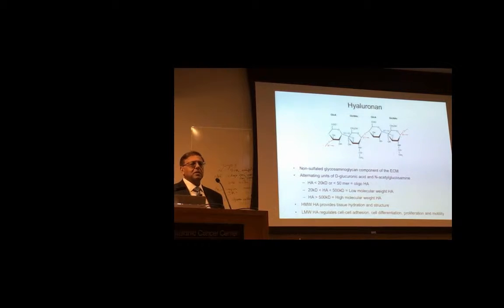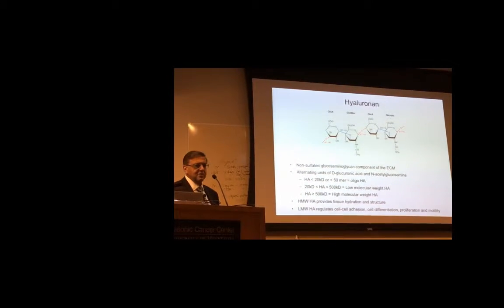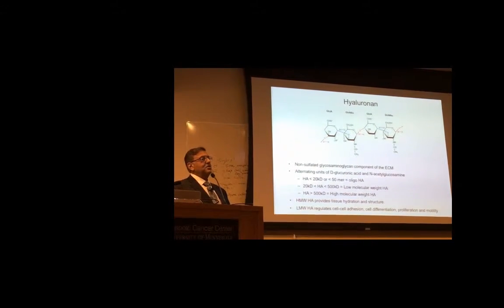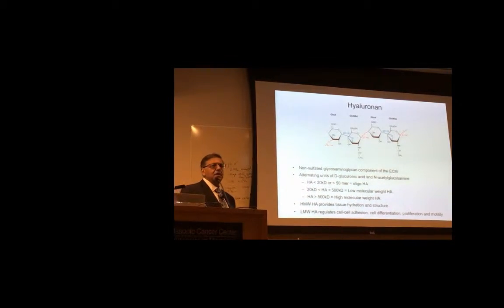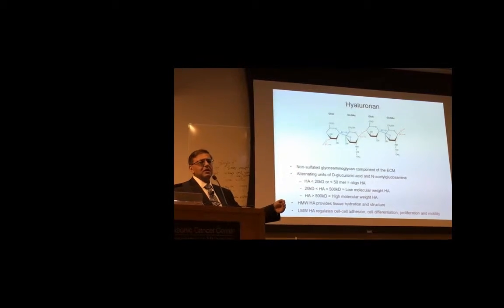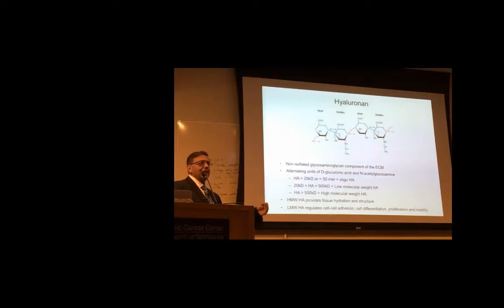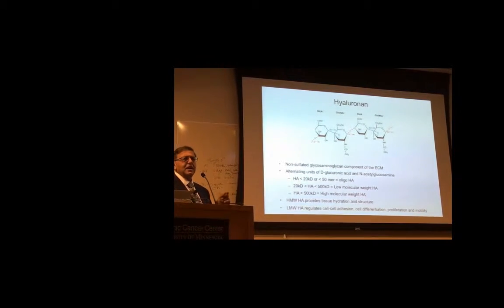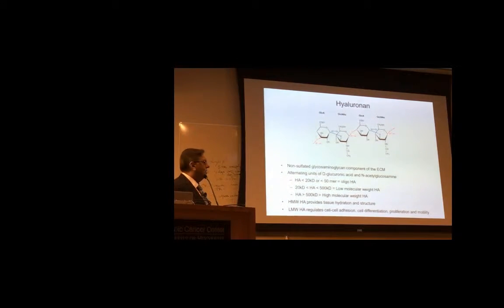And you would think that a molecule that simple would be easy, and unfortunately it isn't. That structure is evolutionarily preserved in the sense that the bacterial coats that protect bacteria and impart virulence have the same HA that we have in our bodies today. So there must be something critical about this molecule that has preserved it intact for so long.